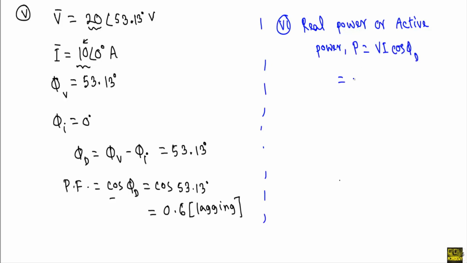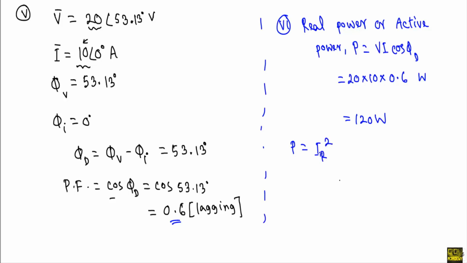Here VI is equal to 20 into 10 and cosine phi d is 0.6. So this will be equal to 120 watt.